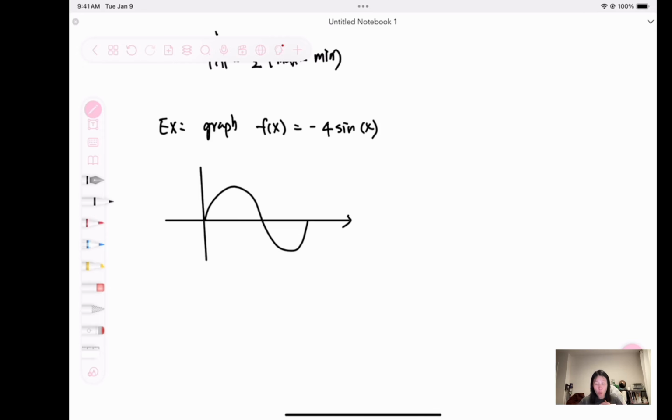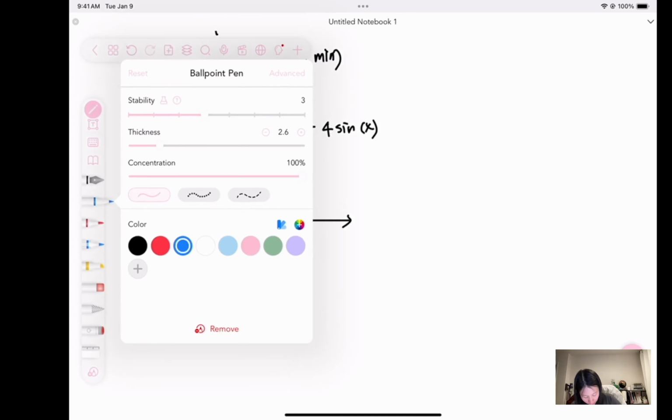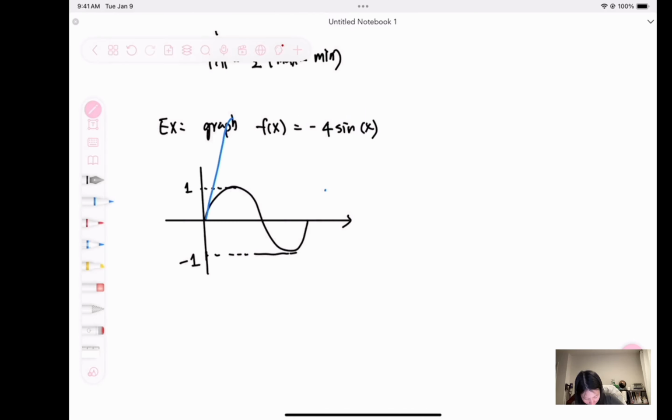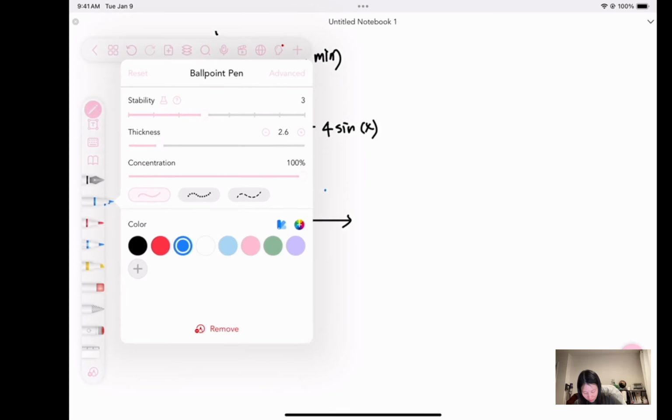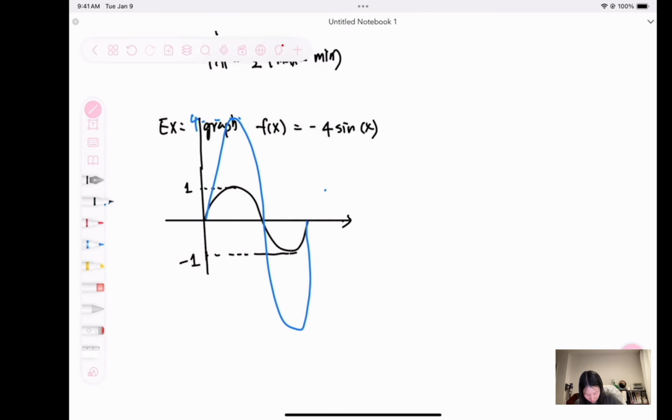And if it's times 4, what happens is the amplitude is going to be stretched. So here is 1. If you times 4, your function is going to look much taller. Go back down and lower, back to here. And the highest point here should be 4. Let me extend it. So this part should be 4, -4.